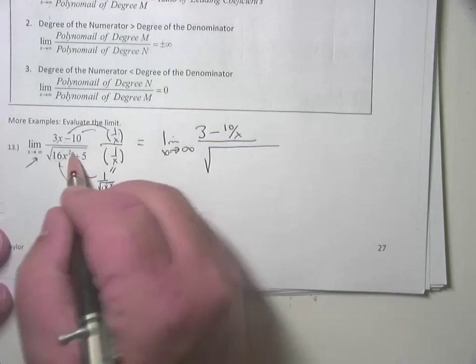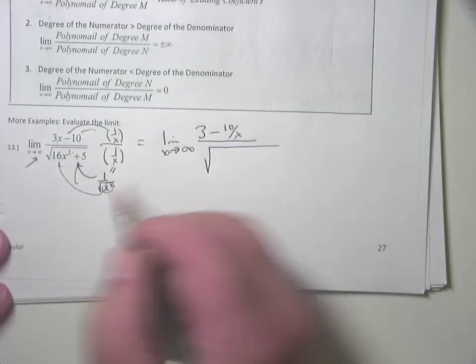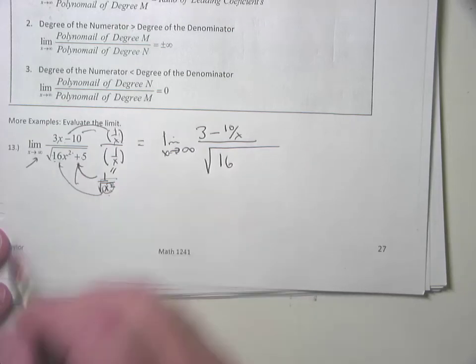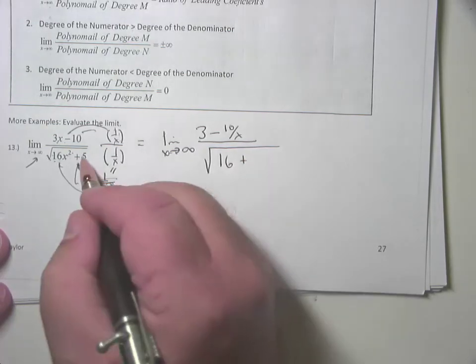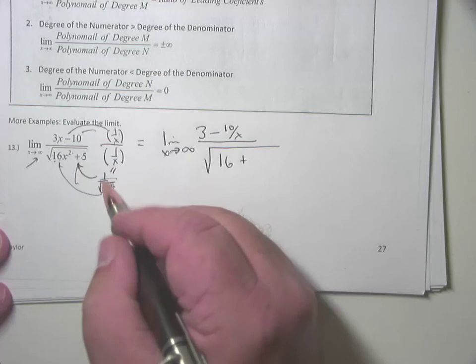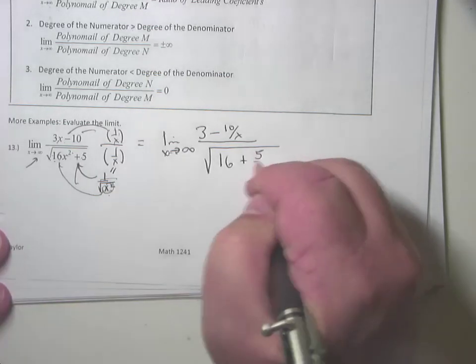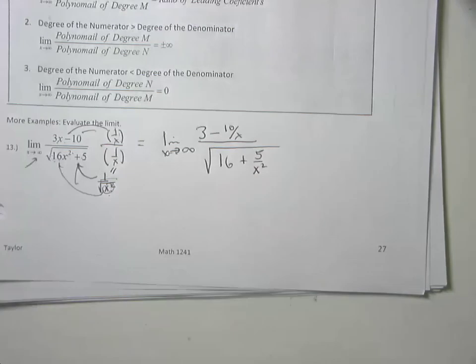What is 16x squared divided by x squared? 16, again combining the square roots, that's why the x squared goes inside, plus what is 5 divided by x squared inside my radical? 5 over x squared. Remember, that 1 over the square root of x squared, combining the two radicals, the 1 over x squared gets to distribute through the denominator. Does that make sense? That's where the 5 over x squared comes from.